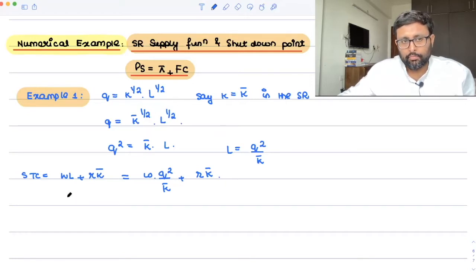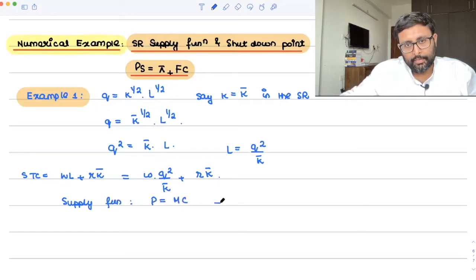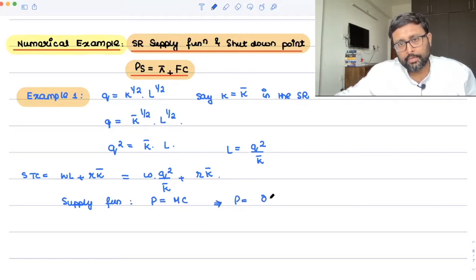What is going to be the supply function? First of all, the supply function is going to be given by P is equal to MC. And what is MC? Here in this case, I'm just writing the short-term total cost. It would be dTC by dQ.